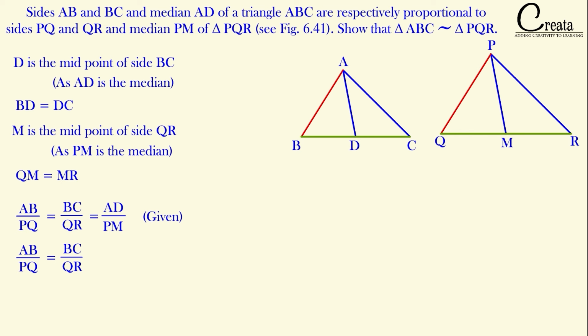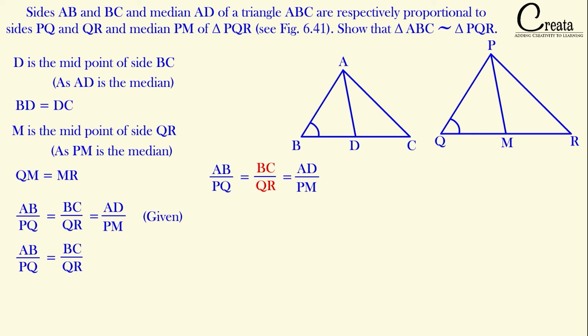Either we can prove the ratio of the third corresponding side is also equal to prove both triangles similar, or we can prove the included angle between these corresponding sides is equal. That is, if we prove angle B and angle Q as equal, then by SAS criteria, we can say both triangles are similar to each other. So we will go through this approach, that is, we will try to prove angle B and angle Q are equal. Let's see how we get there.